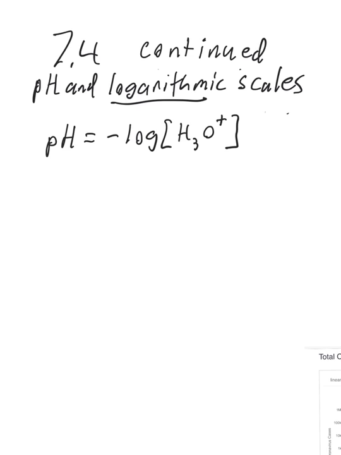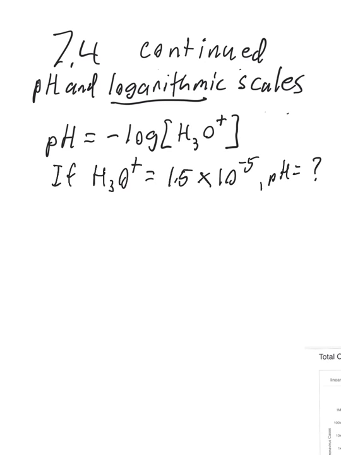Generally, H3O plus is going to be an extremely small number, the concentration of these particular hydrogen ions in a substance. So for example, if H3O plus is 1.5 times 10 to the negative fifth, what's the pH? pH equals what? Again, notice we're going to use scientific notation here.